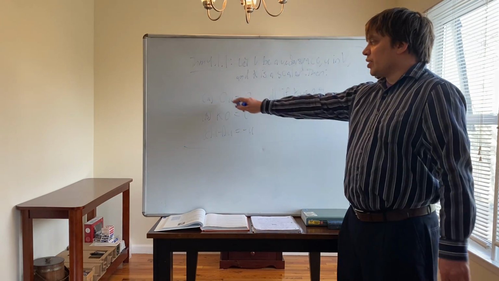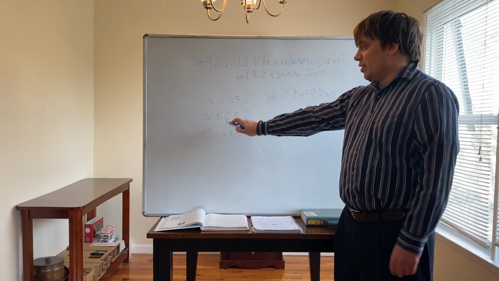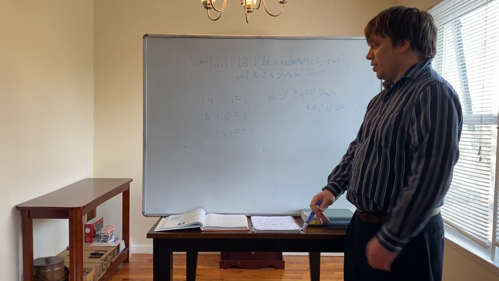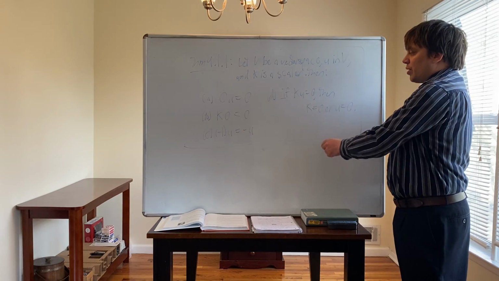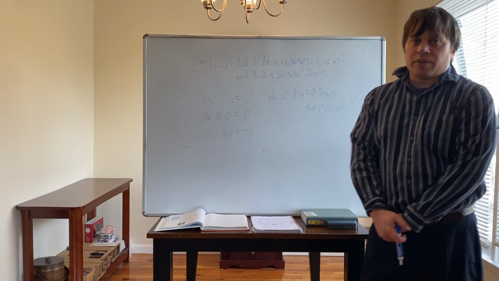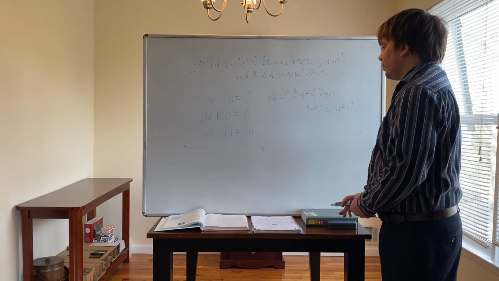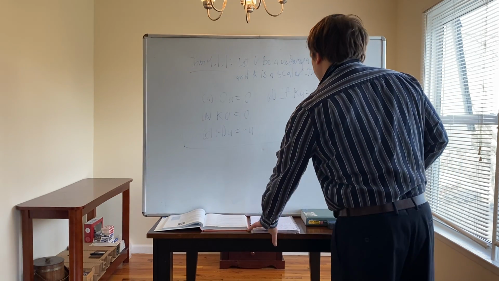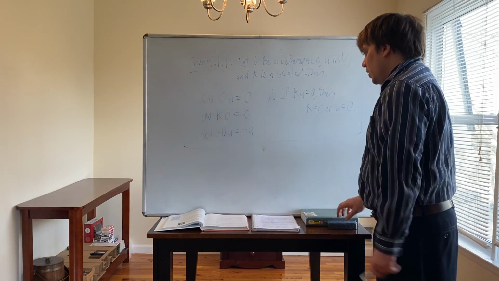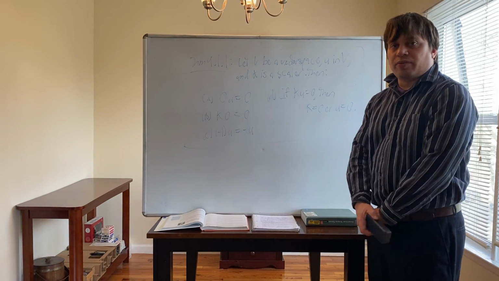So if you multiply any vector by 0, you get 0. If you multiply the 0 vector by any scalar, you get 0. Negative 1u equals negative u. And if ku equals 0, then k equals 0 or u equals 0. Okay, so we have those four also. And so that's the end of 4.1.